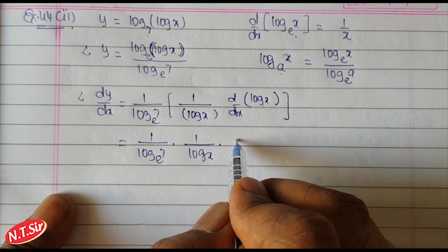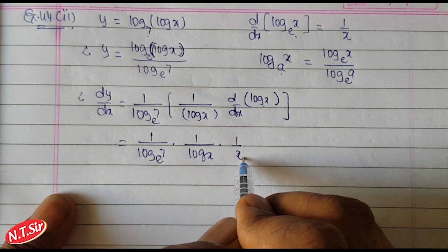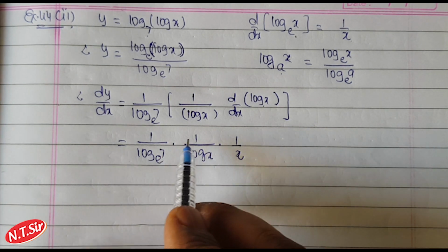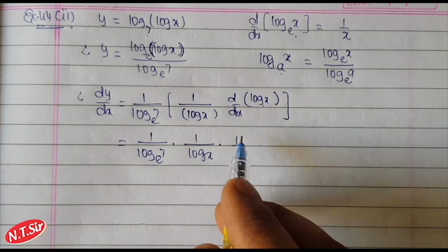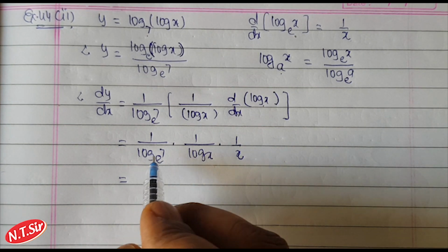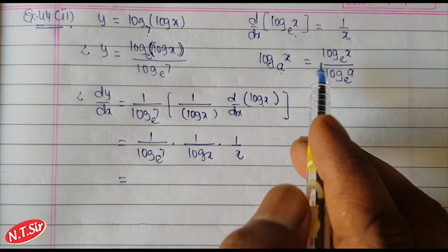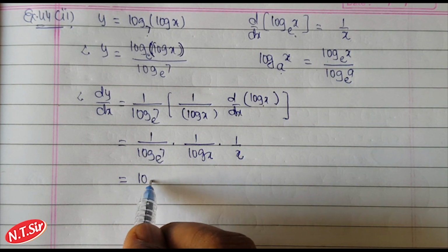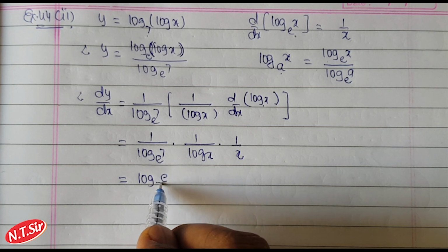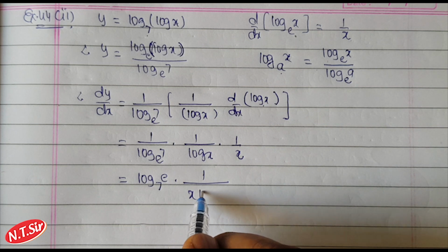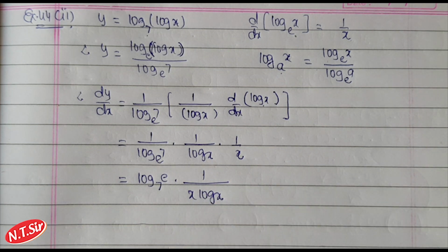So log x derivative is 1 upon x. So your final answer is 1 upon log 7 base e, 1 upon log x into 1 upon x. Either you can write like this, applying the change of base rule again, you can write log e base 7 into 1 upon x into log x.